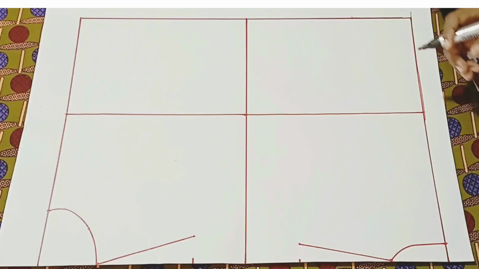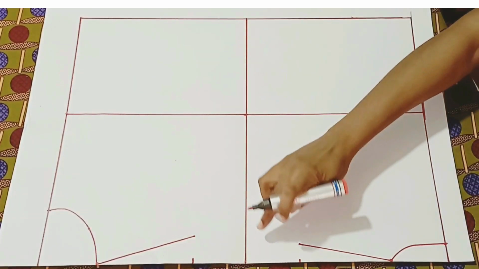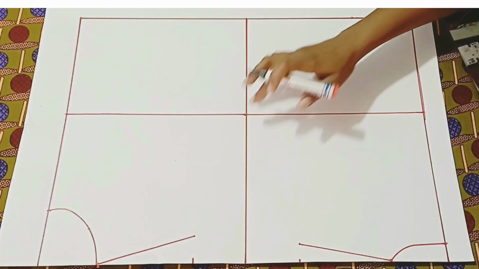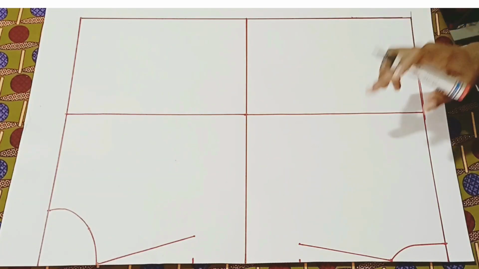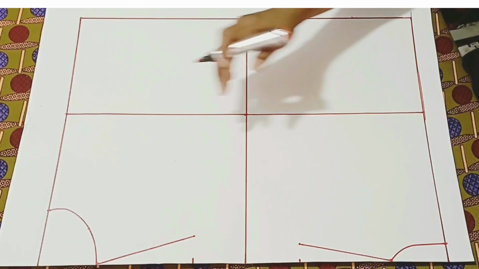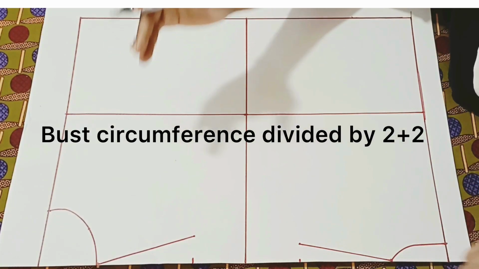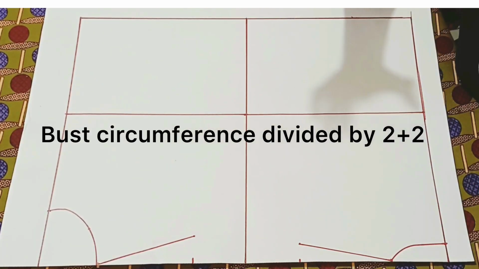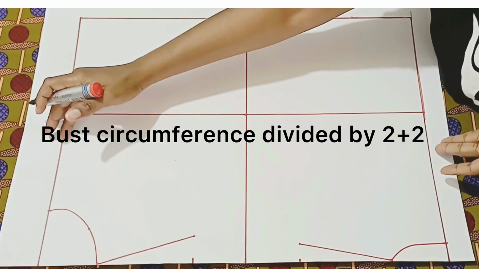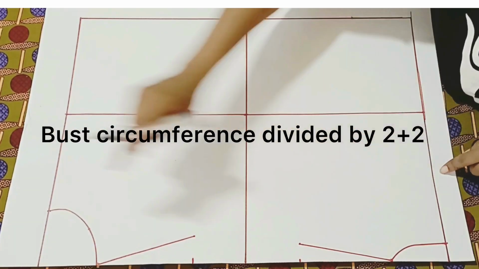To explain something to us very quickly before I move ahead. Now, how did I come about this block? To get the width of this block, you need your bust circumference divided by 2 plus 2, from this end to this other end.